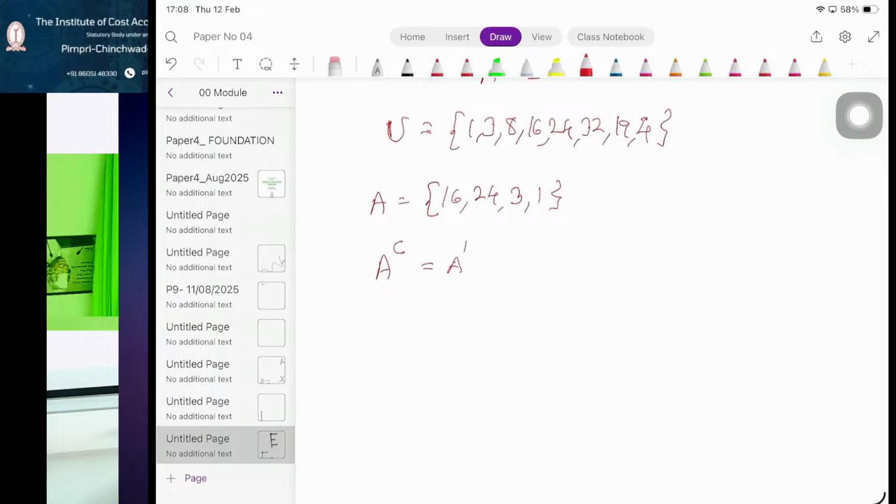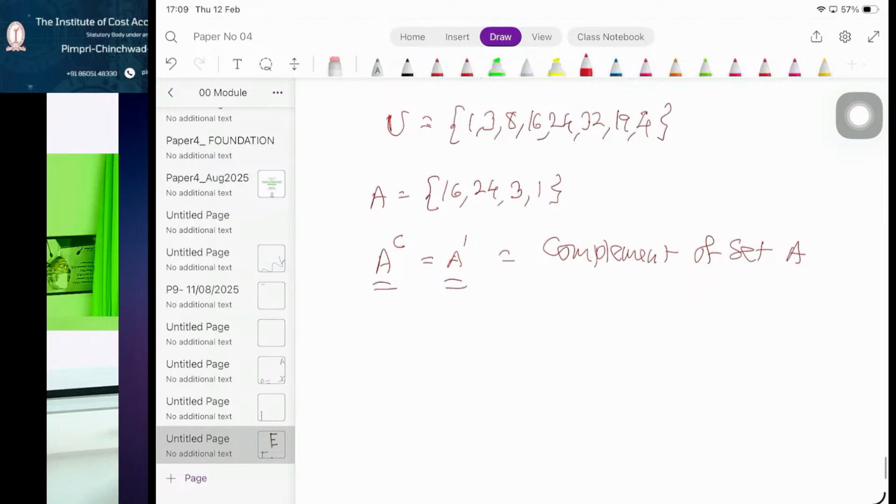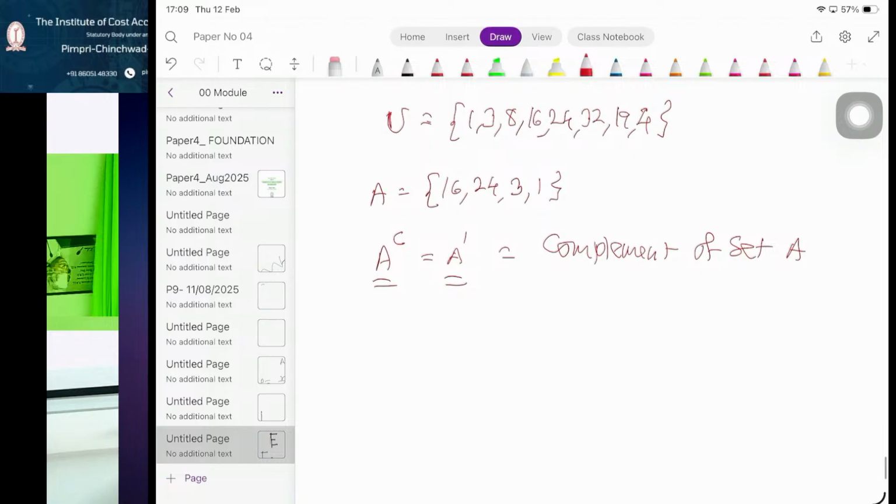Set A complement is denoted by A raised to C or A raised to dash. It's called complement of set A. These are the two notations used for complementation. What does it mean? The members which are not in A but are in the universal set are called A complement. So what will come here as A complement?